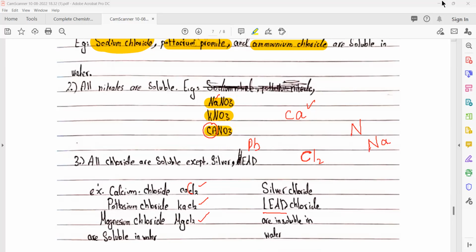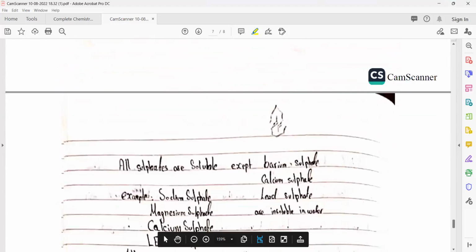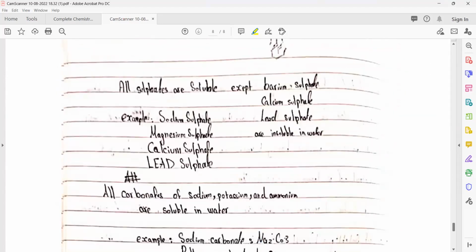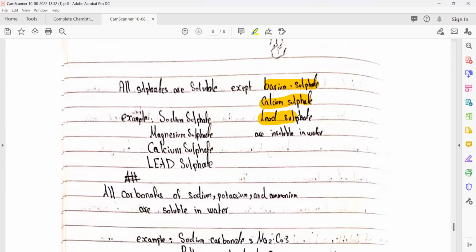Now let's go to the final part. All sulfates are soluble except barium sulfate, which we already did in detail. Calcium sulfate and lead sulfate are insoluble in water.